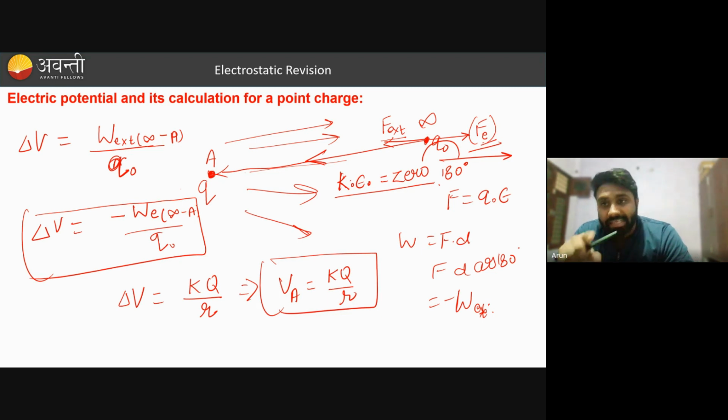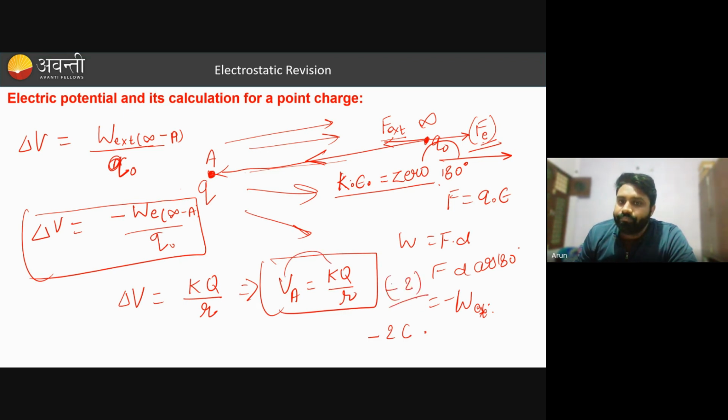Potential is a scalar quantity and you need to put the charge with the value and sign also. So if in a question it is said that a -2 coulomb charge is there, then for calculation of the potential, you need to put Q as -2. Okay, got it? So for a point charge, it is given by KQ upon R.